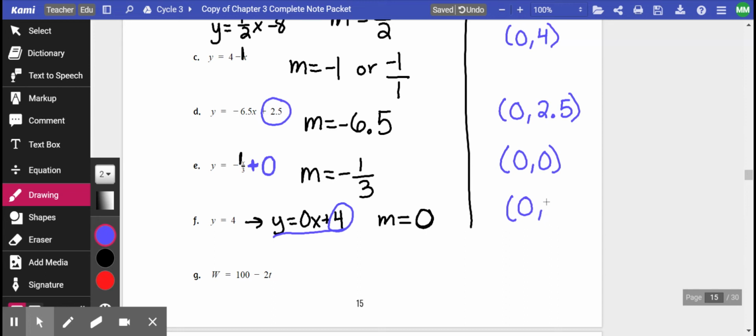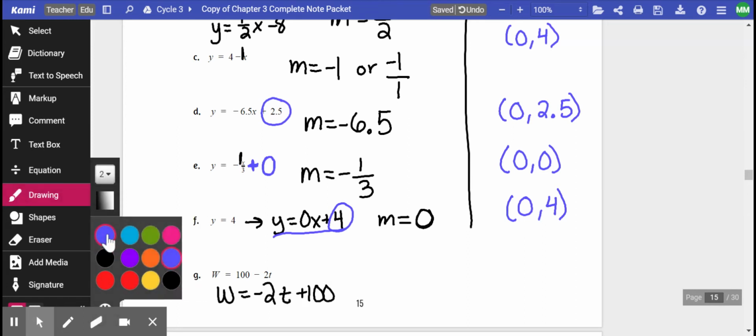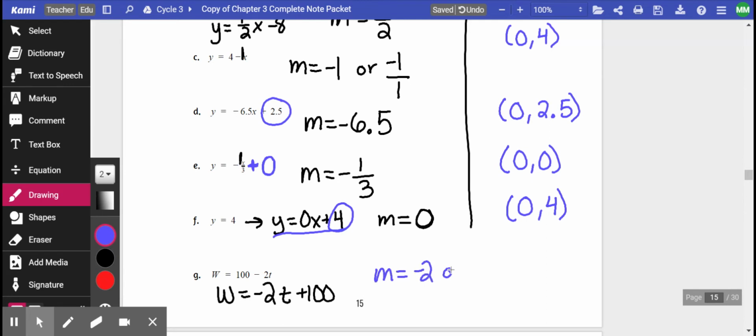So our y-intercept would be at 0, 4. For G, if you want to rewrite this one, you can think of it as w equals -2t plus 100. So your m would be equal to -2 or -2 over 1. And the y-intercept would be at 0, 100.